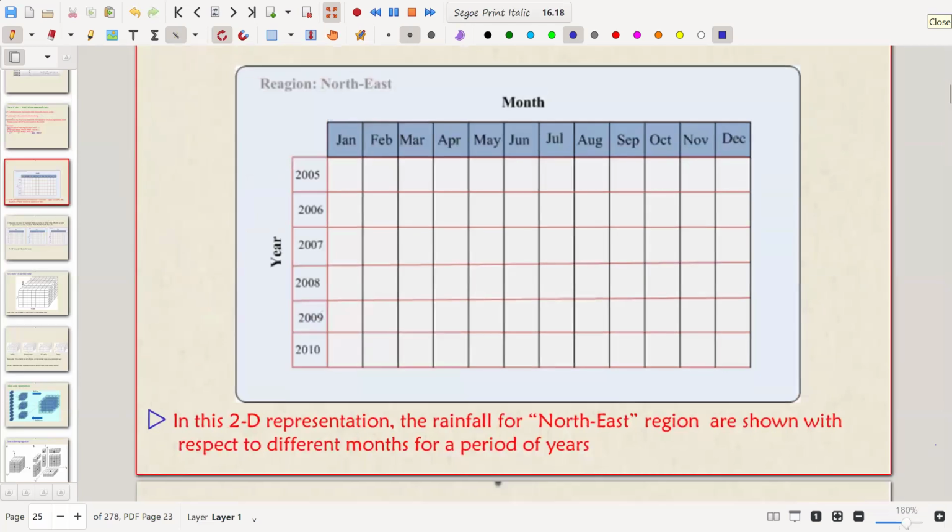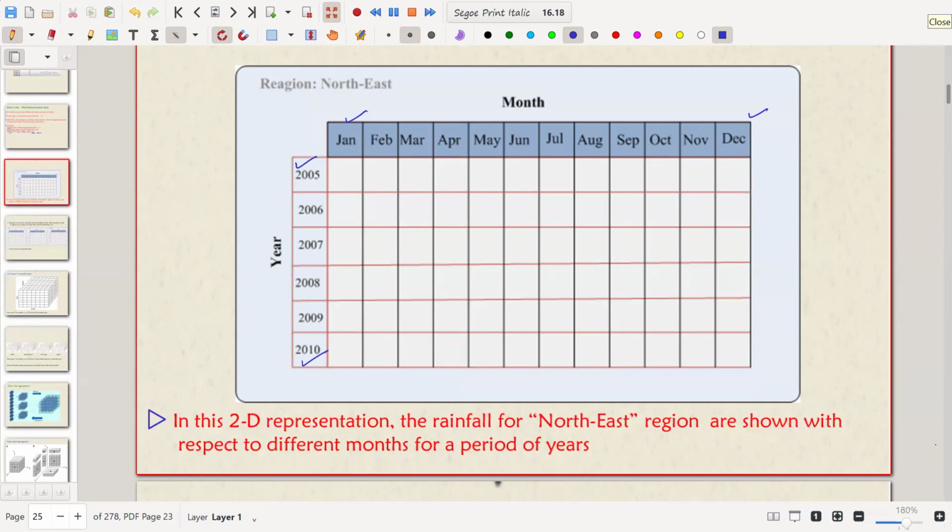In this 2D representation, the rainfall for the northeast region of India is shown with respect to different months for a period of years. What do I mean? Just see the figure here, from 2005 to 2010. We are seeing the data set of rainfall from January to December, throughout the year in different years.